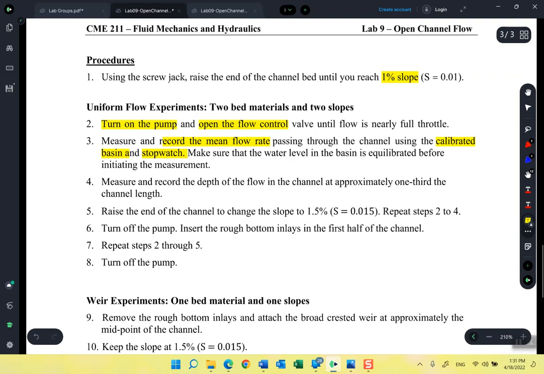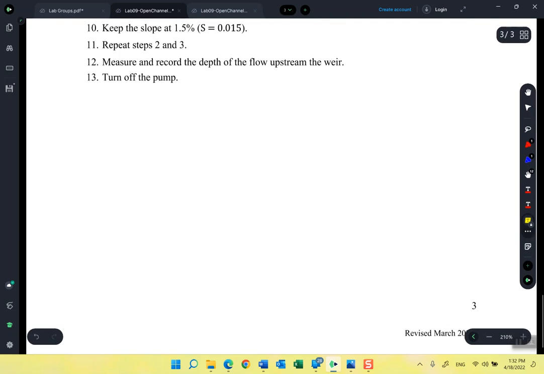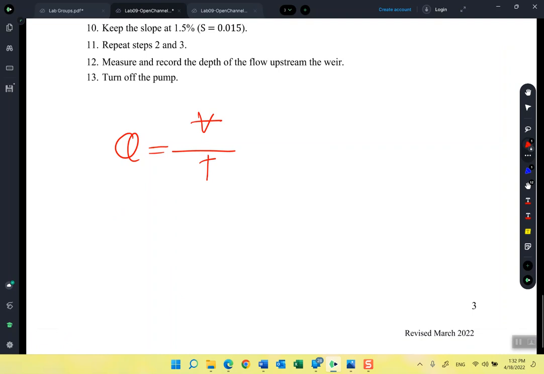So the main idea here, before going any further, is that the flow rate, the discharge, is a simple relation between the volume of the water and the time it takes the water to pass with a certain volume. Just imagine that you have a very large tank and you would like to fill this tank with water.